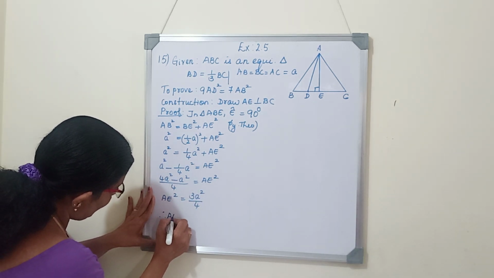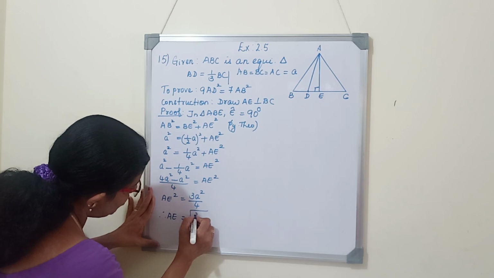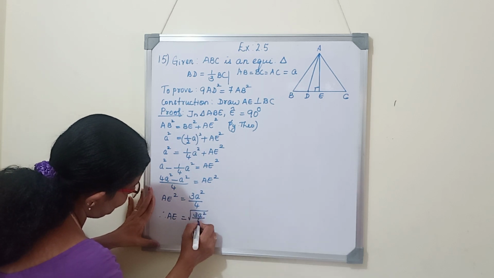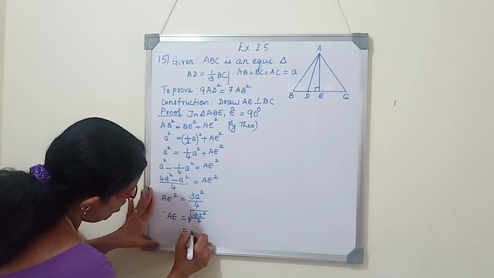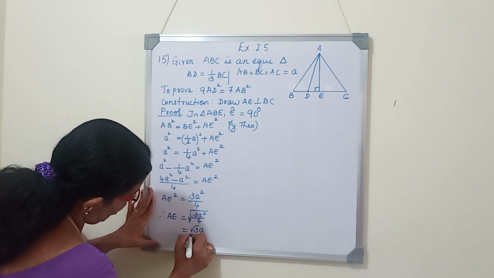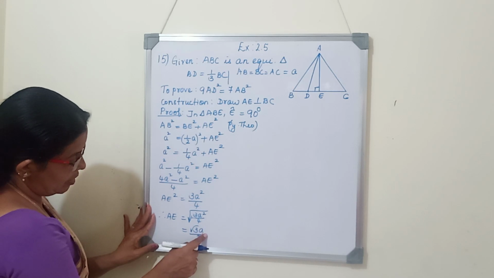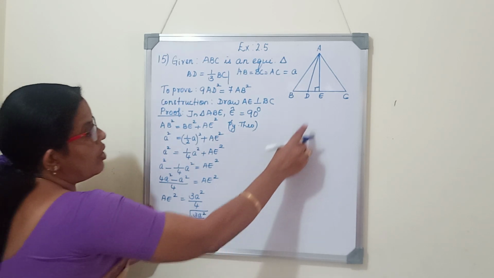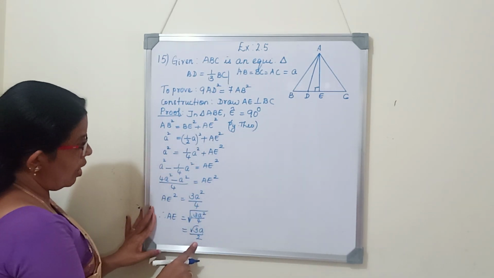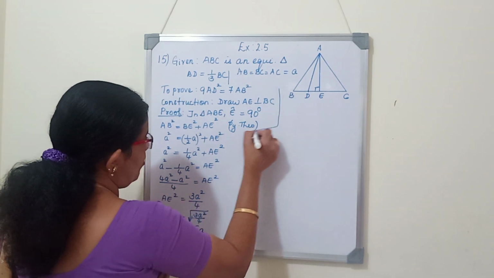Therefore, AE equals square root of 3A square by 4, equals root 3A by 2. Square root of 3 as it is, square root of A square is A and square root of 4 is 2. So, we got the value of AE is root 3A by 2.